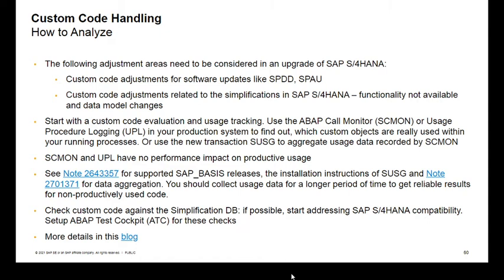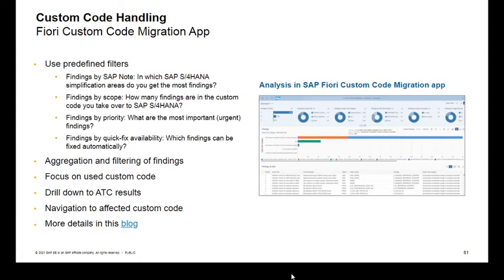We also have a new Fiori custom code migration app, which was not available in the early releases, which helps you visualize the results from the ABAP test cockpit and makes your planning easier for what needs to be adapted, who should adapt the code, and so on.